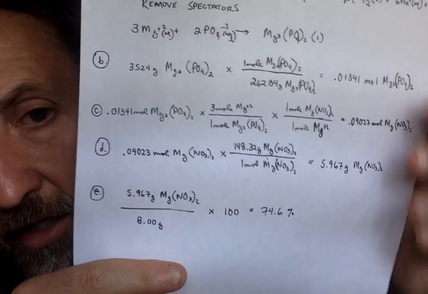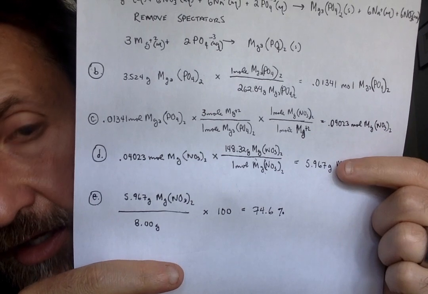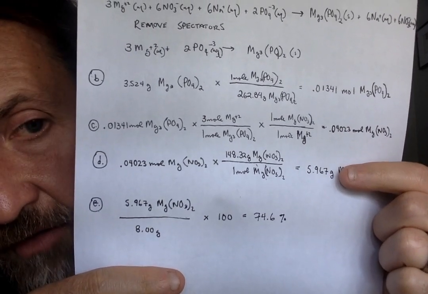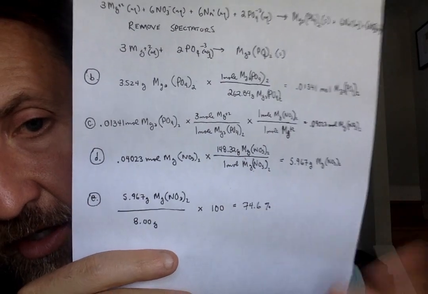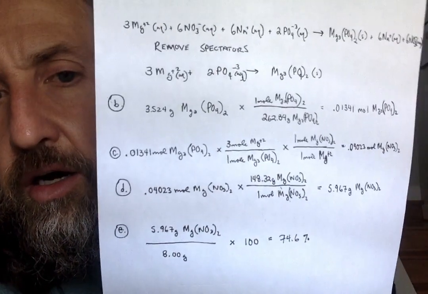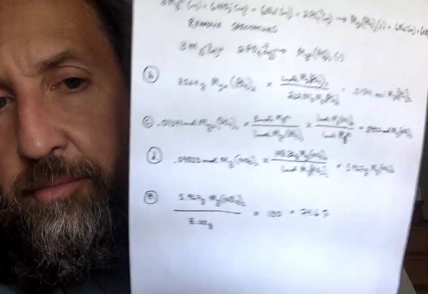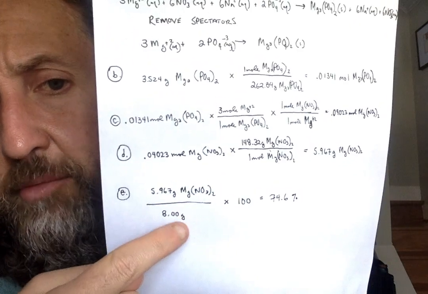And then you've probably already got D. Calculate the mass of magnesium nitrate in the tablet. Again, I'm keeping those 4 sig figs. Now here I switch to 3 sig figs, because when they ask for the percentage of magnesium nitrate in the original tablet, they give me 3 sig figs.